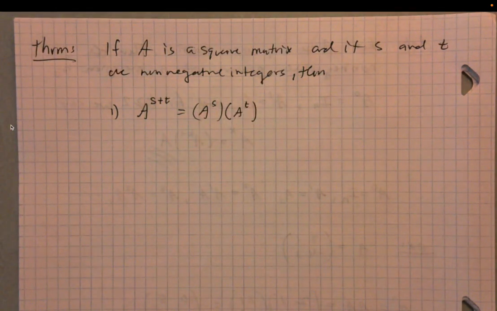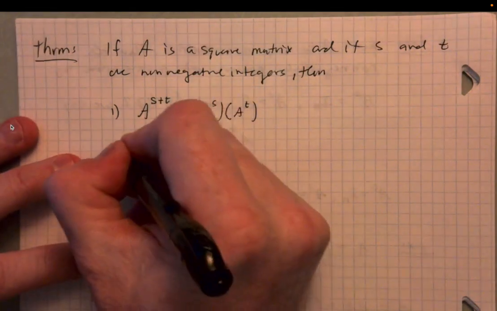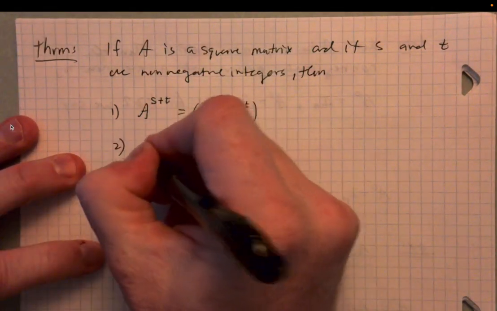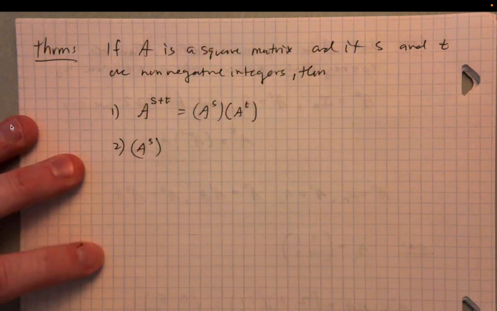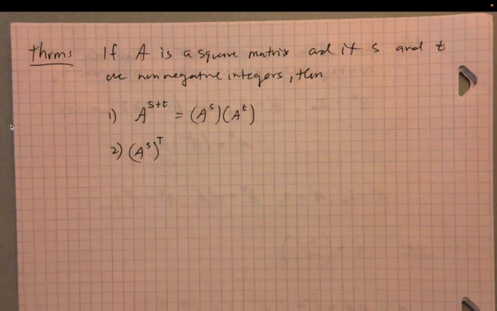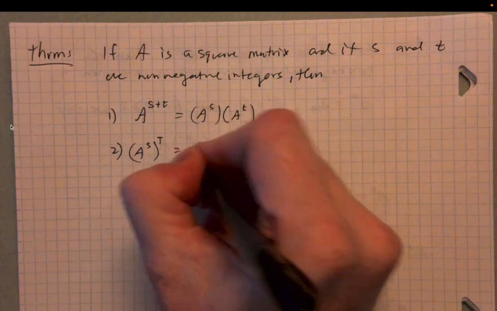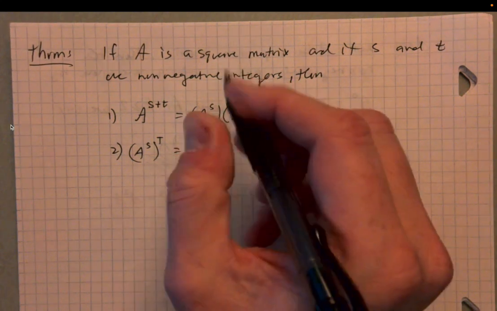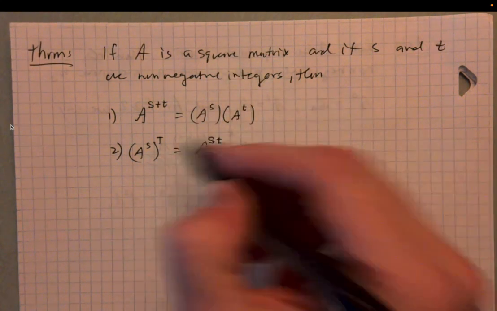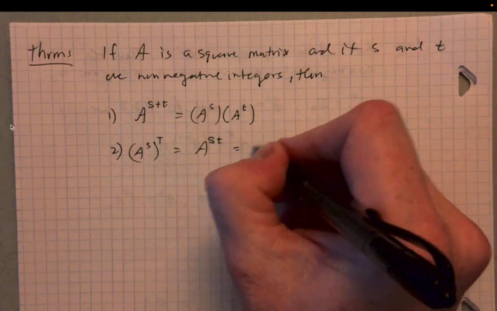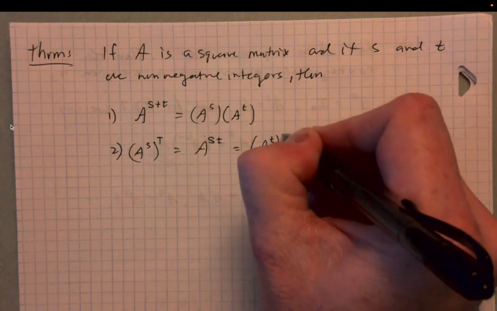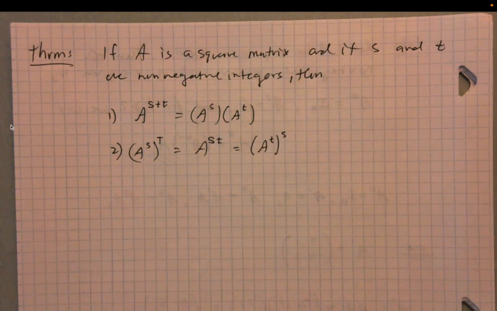This is one of the familiar properties of exponents that we're used to from reasoning about real numbers. The other one is A raised to the S power, and then raised to the T power, is equal to A to the ST. So you multiply the exponents together, and you can change the order as well: A to the T power raised to the S power. This is another one that is familiar to us from dealing with real numbers.